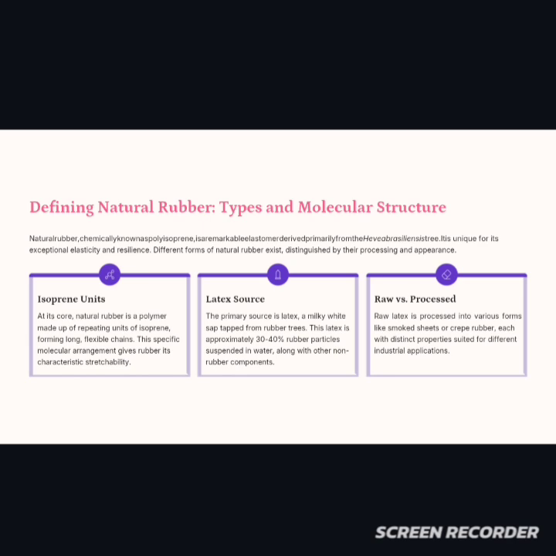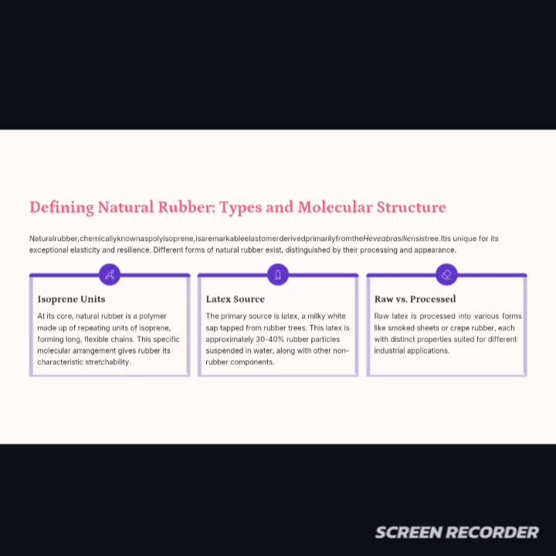Isoprene units. At its core, natural rubber is a polymer made up of repeating units of isoprene, forming long, flexible chains. This specific molecular arrangement gives rubber its characteristic stretchability. Latex source. The primary source is latex, a milky white sap tapped from the rubber trees.